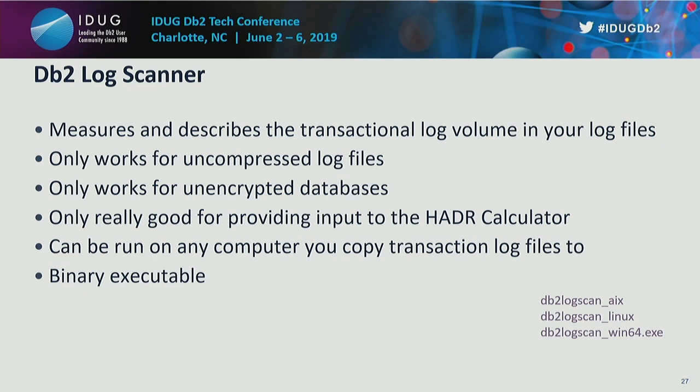It only works for unencrypted databases. If you have an encrypted database, you can't use this tool. Also, if you're using log archive compression, you can't use it on the compressed logs. I've asked for the ability to use it on the others, and it's just not a high enough priority for them to get that moving.